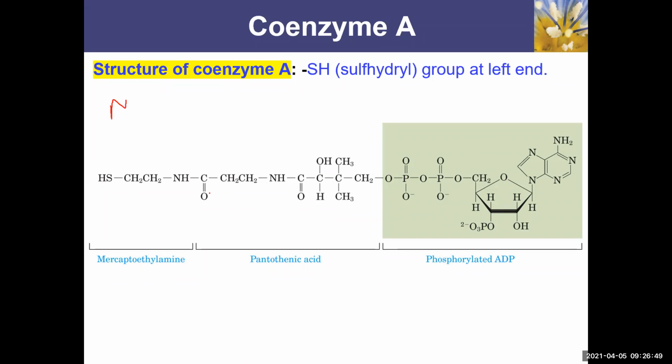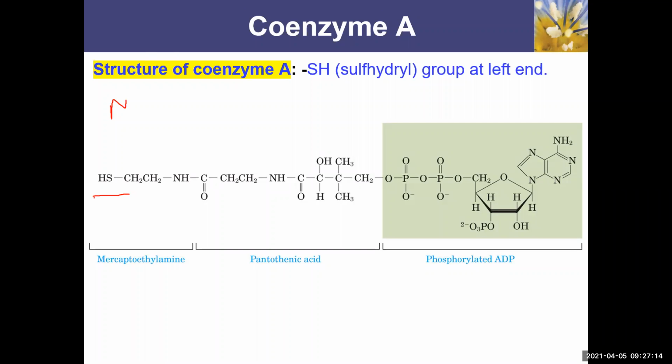It is special because coenzyme A has a functional group, which is a thiol group. This thiol group, or SH group, plays an important role in all our biochemical reactions. Why is it so? Because of its ability to form thioesters.